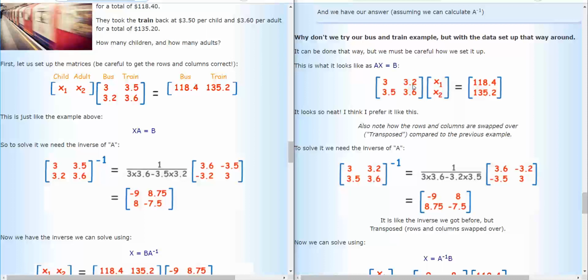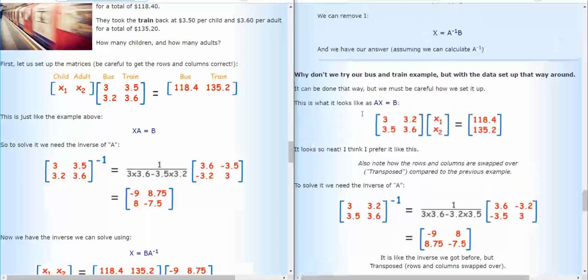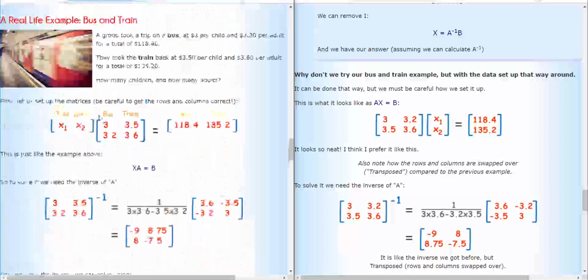I get the point. So, in this example where you have the child and an adult, you have bus and a train. So you have a column multiplied by rows. So each child and adult through the bus and the train. And in this case, we've got columns multiplied by rows.